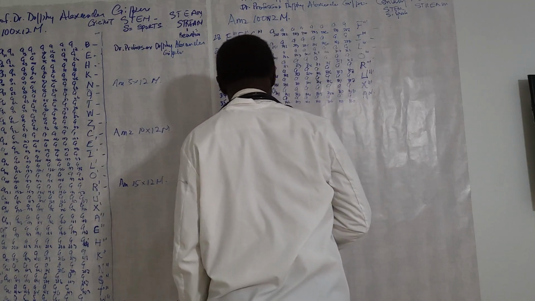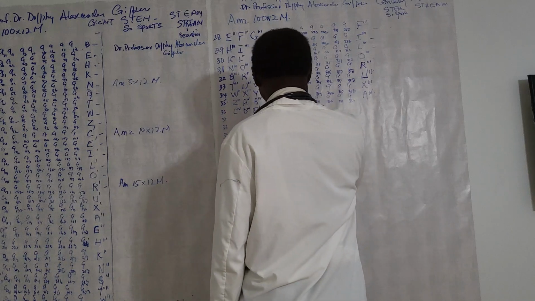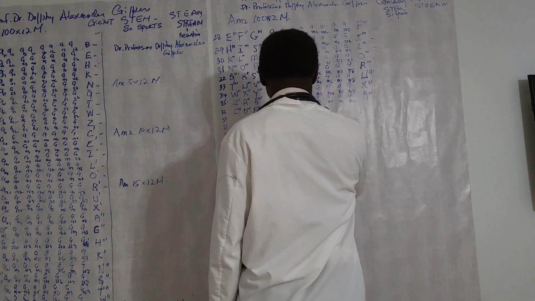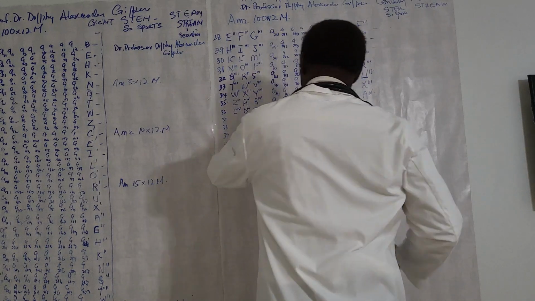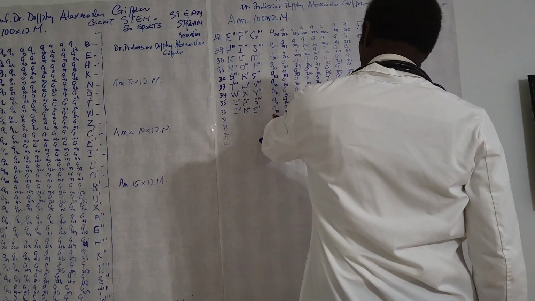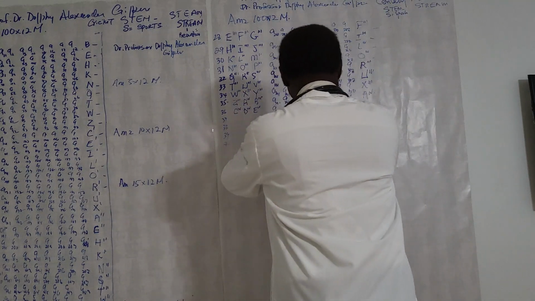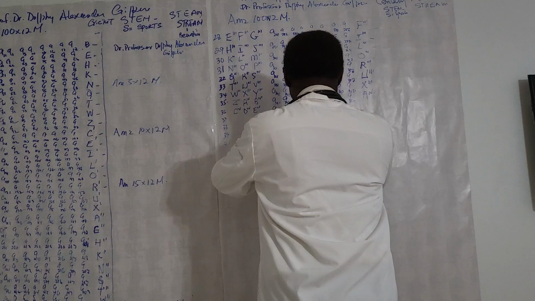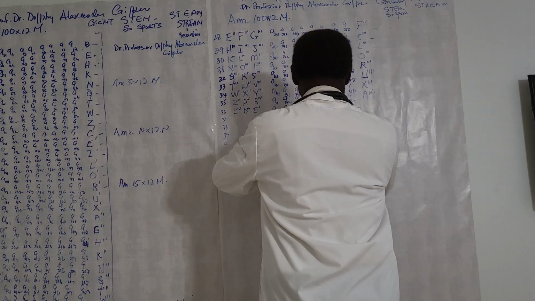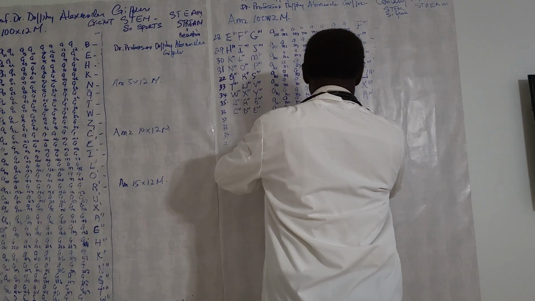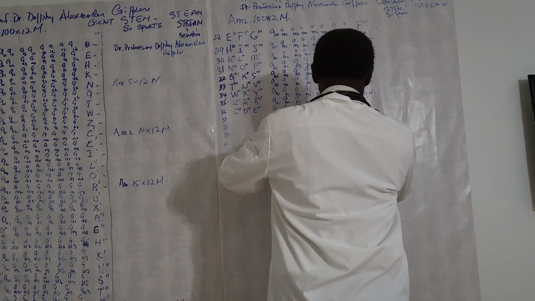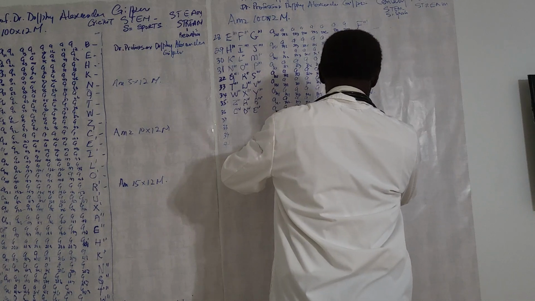IV, Roman numerals here. So here we go now. A 36 1, A 36 2. I mean the 36 row, first column, 36 row, second column. A 36 3, A 36 4, A 36 5, A 36 6, A 36 7, A 36 8.